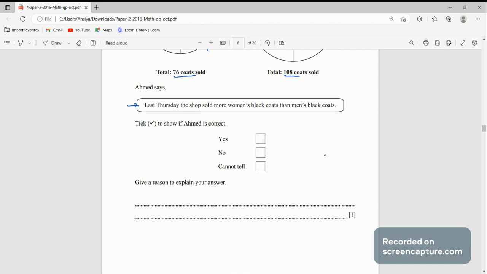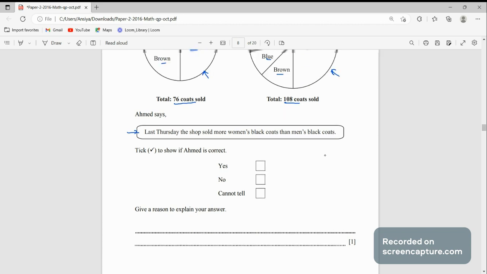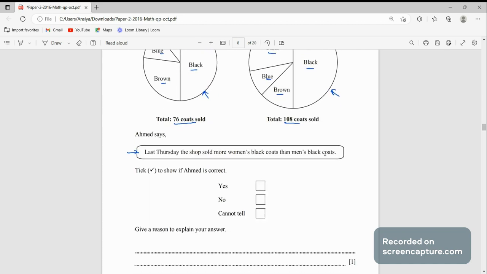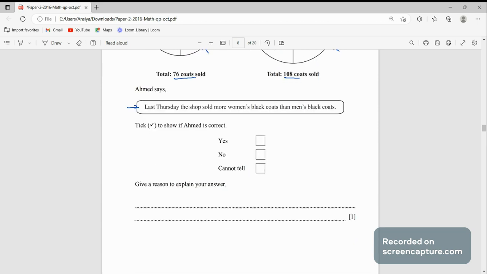Now tick to show if Ahmed is correct. What do you think? Is he correct or not? Yes, no, or cannot tell. And then we need to write the reason for it. So if we are looking only at the pie chart, it is half and half. Okay, but you should look at the total number.